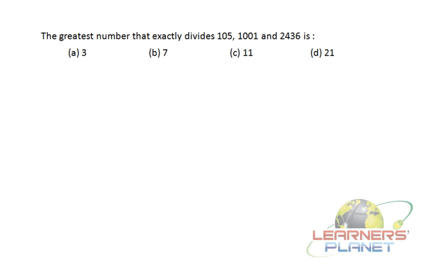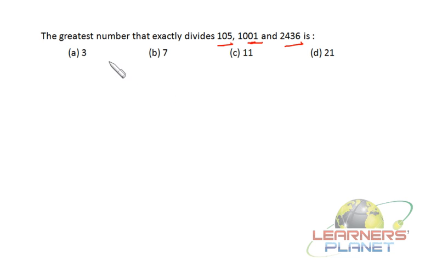Now let's see this problem. The greatest number that exactly divides 105, 1001 and 2436. In other words, we have to find out the HCF of all these three numbers. Now, there are various methods to find out the HCF. We can go for prime factorization method, we can go for division method, and the smartest way to do this problem is to just go by the elimination of options.